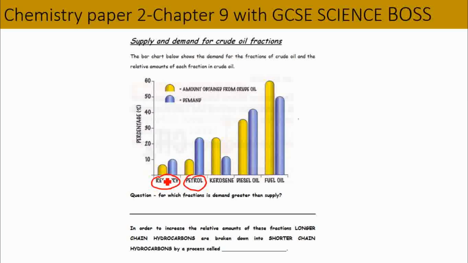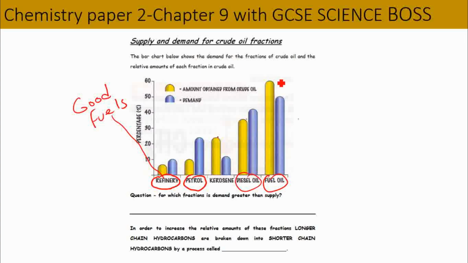Reason being, they're extremely good fuels, because, as we mentioned earlier, the smaller the hydrocarbon, the better it burns. Now, you also realize that the big hydrocarbons, your fuel oil, your diesel oil, you have lots of it. You're getting more than is in demand.